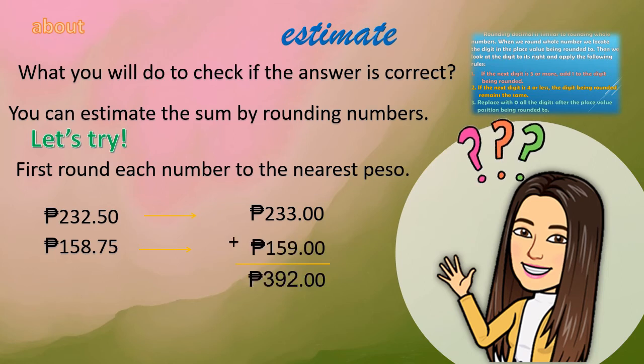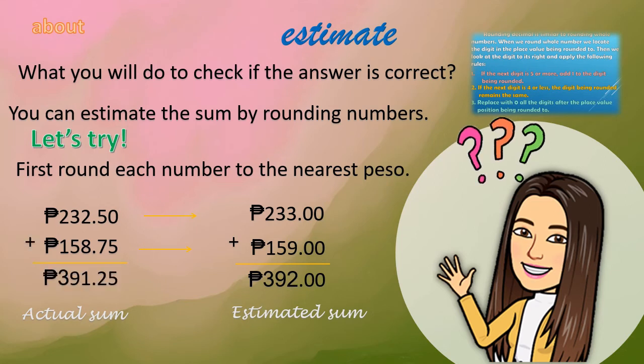Then, let's add. We have 392 pesos. 392 pesos is the estimated sum, compared to the actual sum, which is 391 pesos and 25 centavos.